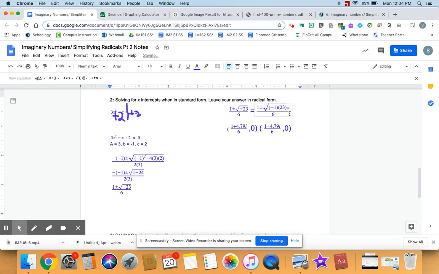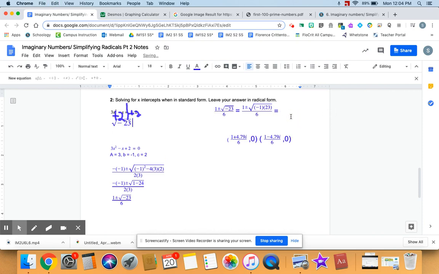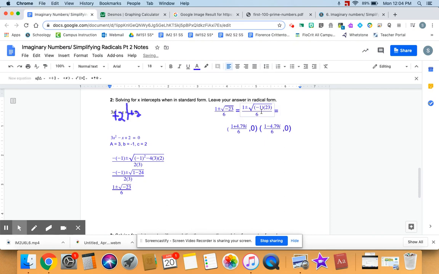So it's going to equal, okay. So the negative 1 comes out as an i in front of the root.